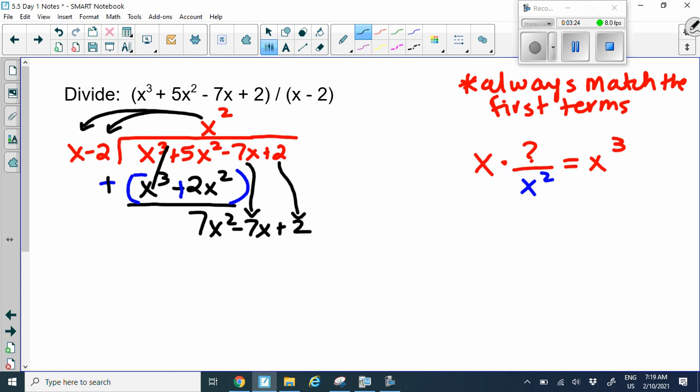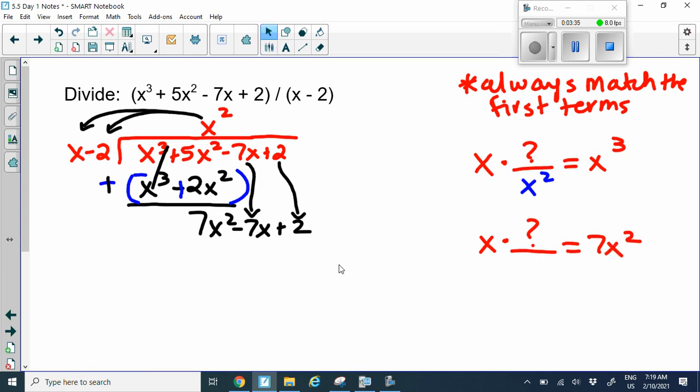Okay, now our new thing is we need to match this 7x squared. So we need to think x times what gives us 7x squared? Well, first of all, the number will have to be a 7, okay? So it's a plus. And then to get x to x squared, we need to multiply by an x. So this is going to be 7x. So we have 7x squared.